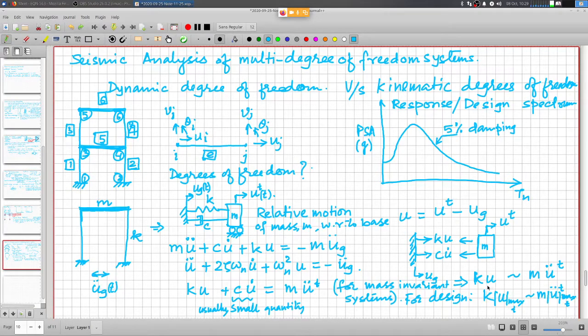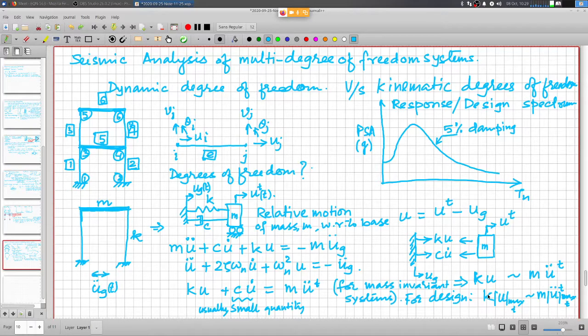So if K u is approximately equal to m u double dot, the total acceleration, then obviously if I take the maximum values, then the maximum value of K u, in absolute value, since earthquake is of course random and can come in any direction, so we need to consider the absolute maximum.